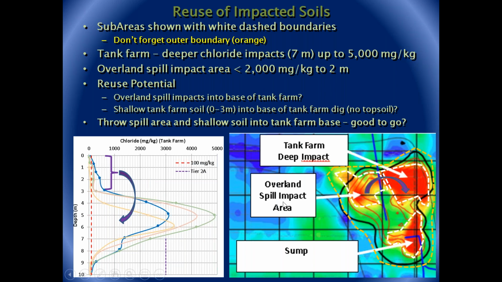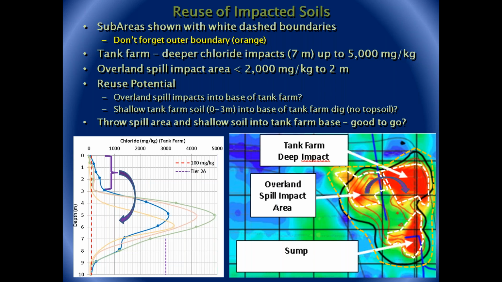Well, can we take some low impacted material from the overland spill, this 2,000 milligram per kilogram stuff, and put it down here where there used to be much higher concentrations? And the other thing to look at is within the actual tank farm area itself, if you look at the soils, and you'd want to start below topsoil, so say 0.3 meters to 3 meters, all those concentrations there for the most part are less than 700 milligrams per kilogram.